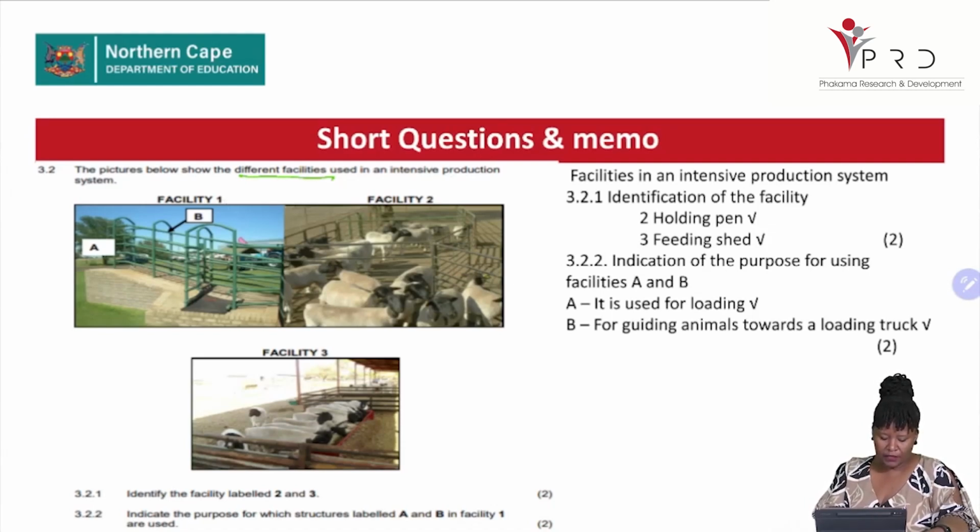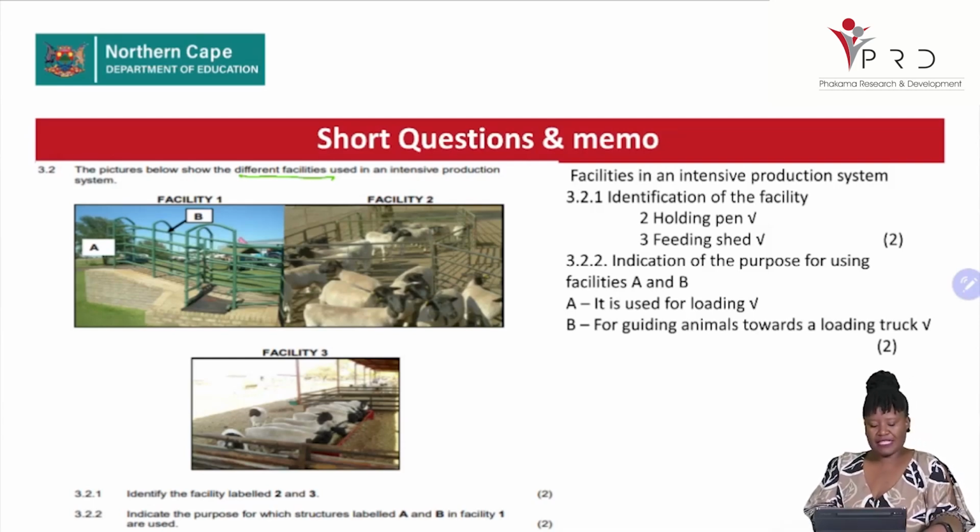Facility 1, you have A, which plays a role, and you have B, which also plays a different role. It's not even facility B, it's facility 1 with different parts that are labeled. On facility 2, something is happening, as you also have facility C or facility 3.